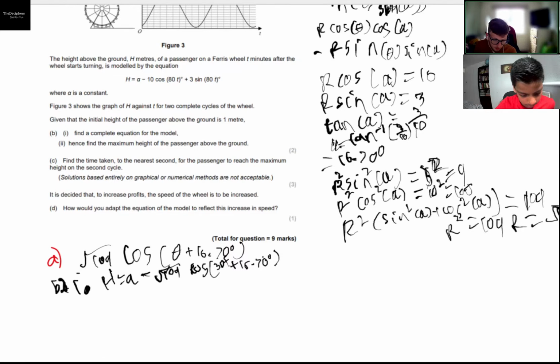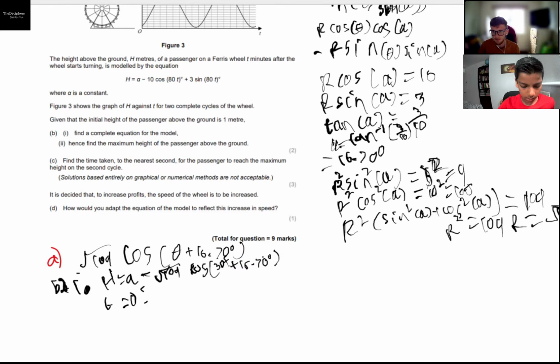Brilliant. Well spotted. A lot of people might try and put h equals 1 and t equals 0 into the equation that was just written, but no, that's exactly right to substitute into the original equation, because when t is 0, you can easily work out what cos of 0 is and sine of 0.